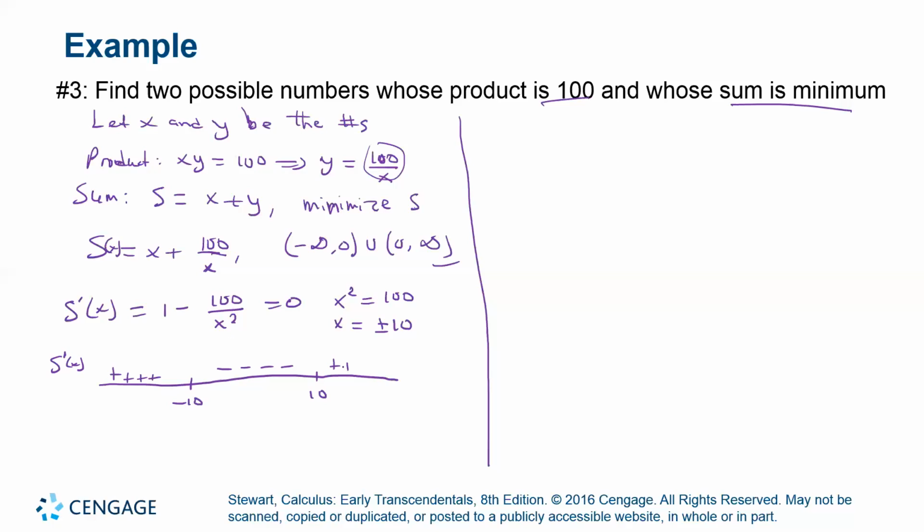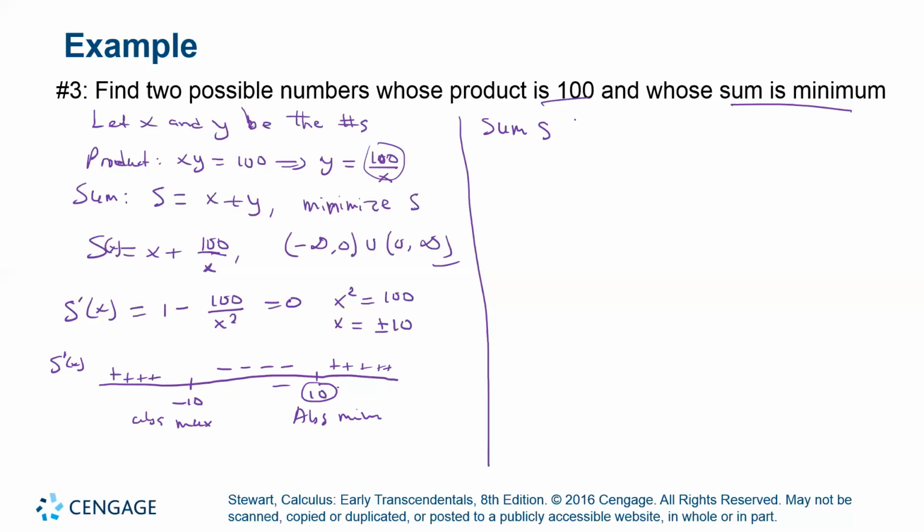And this side will be positive. So you see that it is changing from negative to positive at positive 10. But here we have absolute min. Over here we have absolute max. But the question says find where the sum is minimized.